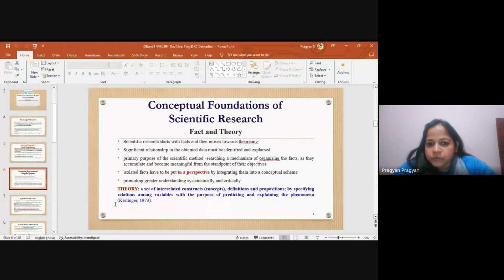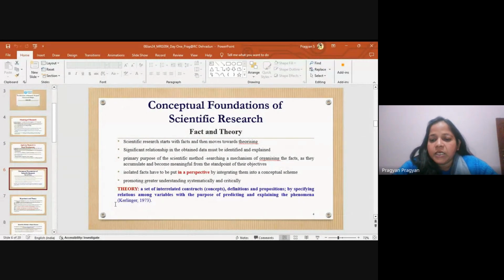By locating those facts in the light of a particular theory, through the window of a particular perspective, we are better able to understand the relations of those multiple factors, because facts are not complete in their own sense.